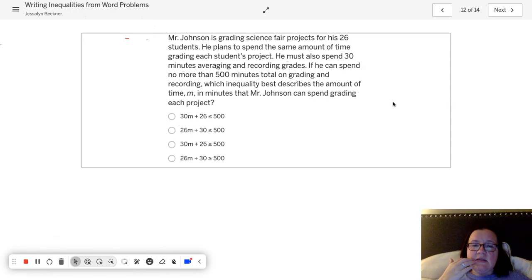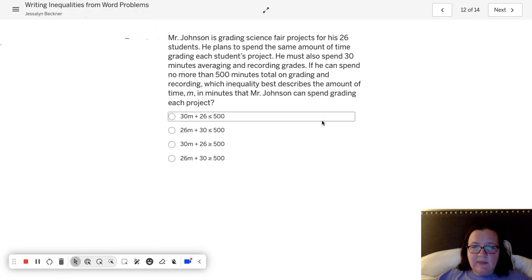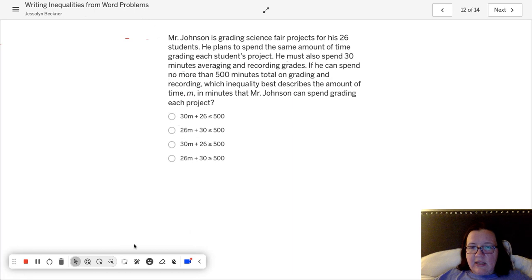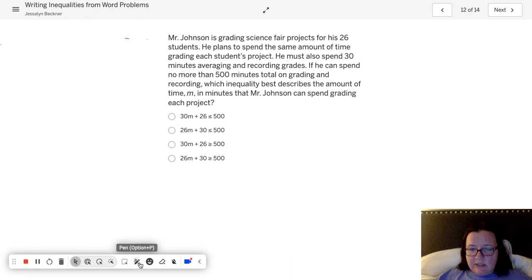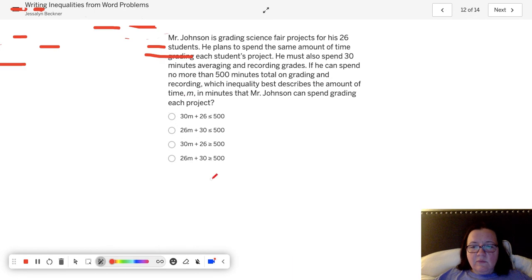Okay, Mr. Johnson is grading science fair projects for his 26 students. He plans to spend the same amount of time grading each student's project. Lots of erasing left to do. Okay, Mr. Johnson is grading science fair projects for his 26 students. He plans to spend the same amount of time grading each student's project.